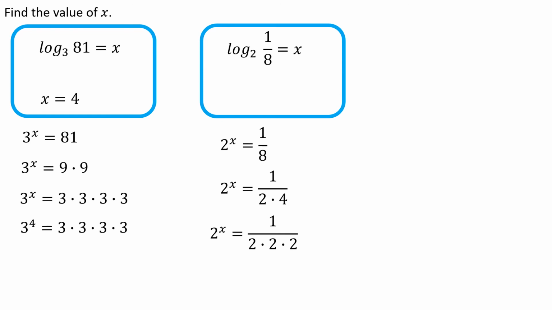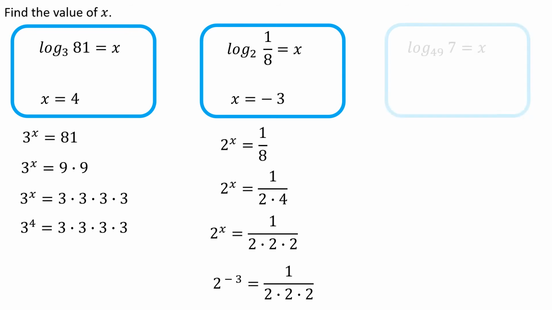So I've got 1 over 2 times 2 times 2. So that means the exponent has to be -3. Right? Because there's 3 2's, but they're on the bottom of a fraction. So I've got 2 raised to the -3 power. x has to be -3.